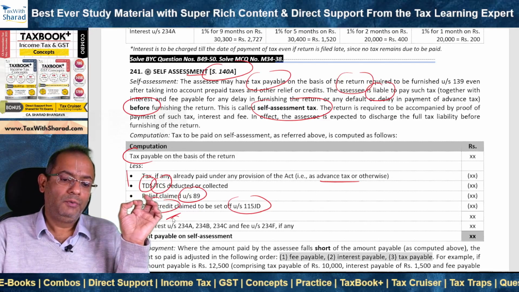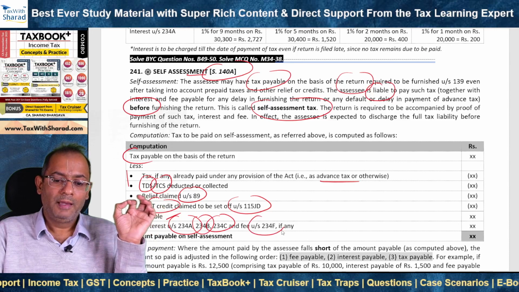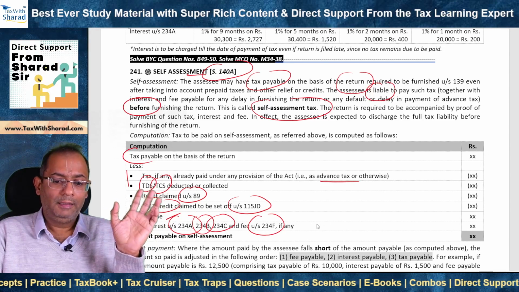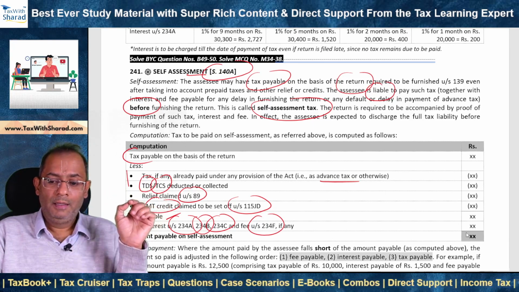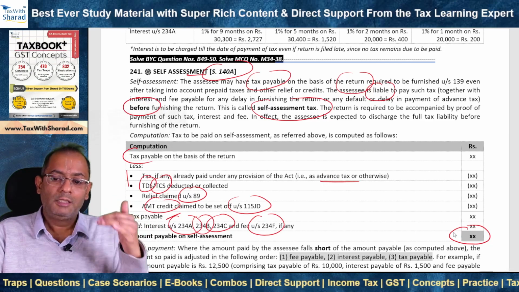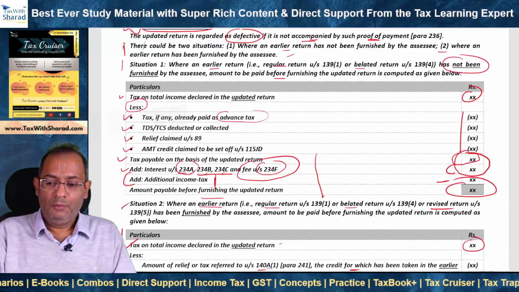To that, one needs to add interest under section 234A, B and C as applicable, and fee under section 234F as applicable, right, at the time of furnishing of return, and then that gives you the total amount payable on self-assessment.